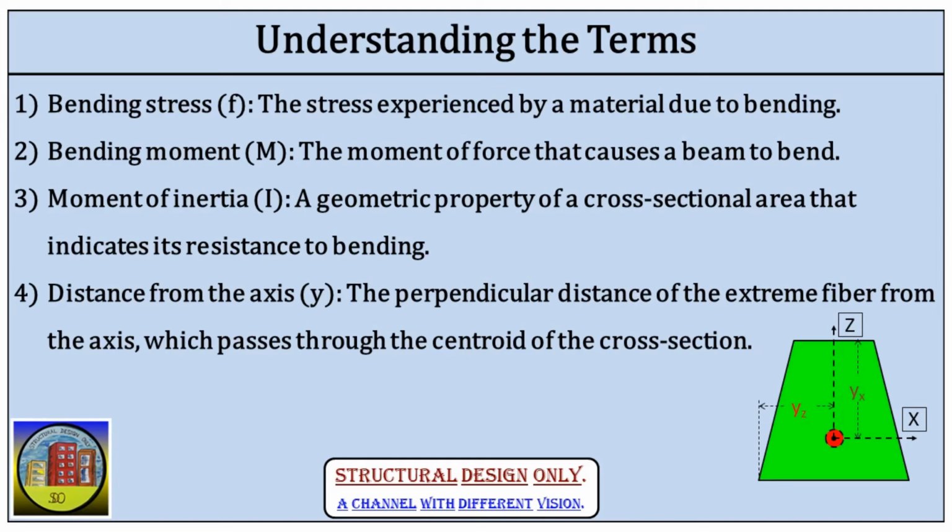Here we denoted bending moment as M. The moment of inertia, I, is a property of the cross-sectional shape that resists bending. And distance from the axis, Y, is the perpendicular distance of the extreme fiber from the axis, which is passing through the centroid of the cross-section.